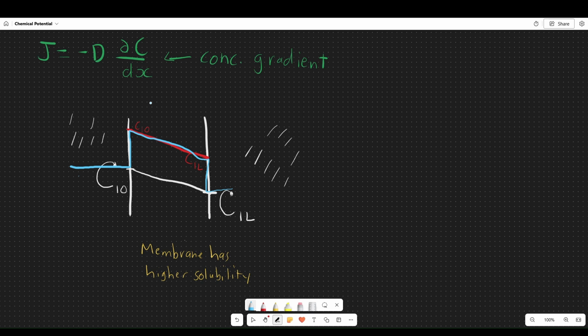There's this discontinuity here. And what this discontinuity implies is basically that we can have things moving against the concentration gradient. Because remember, big C1 naught is actually less than small c1 naught, so this is less than this.